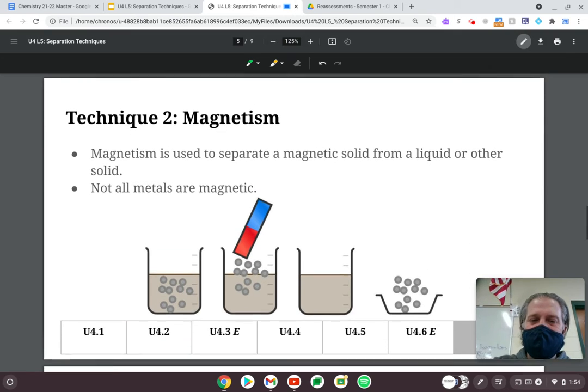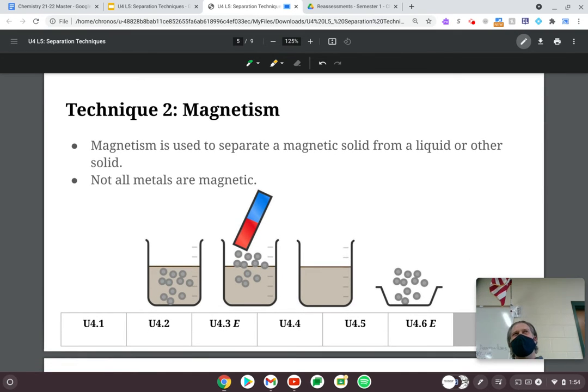Another one is magnetism. Not all substances are magnetic, but some metals are. Not all metals are magnetic, but you ever wonder how, when you throw your recyclables in the recycling bin, the glass gets separated from the cans, the paper, and the plastic? The answer a lot of times has to do with the physical properties of the things they're trying to separate.